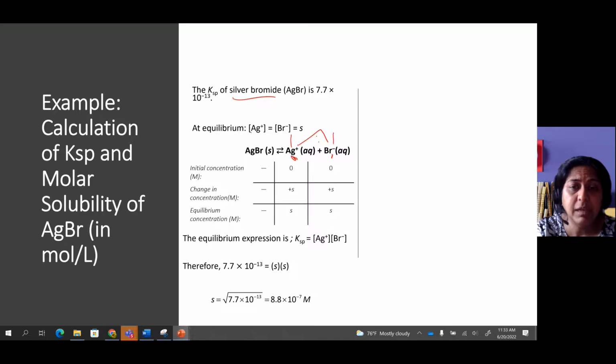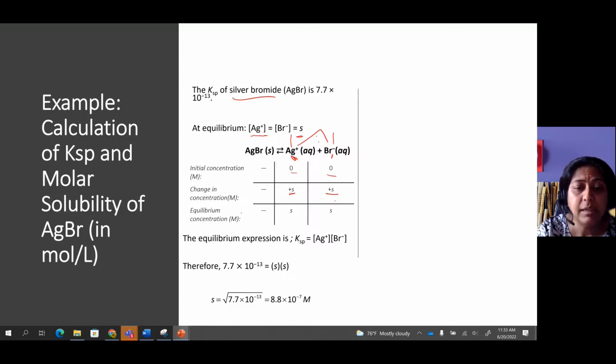We refer to the equilibrium concentration as S. Then the initial concentrations are 0, and the change in concentration is plus S for silver ions and plus S for bromide ions, because the stoichiometry is equal.